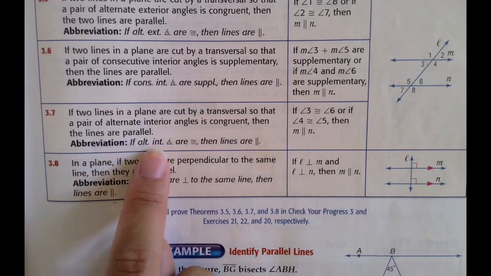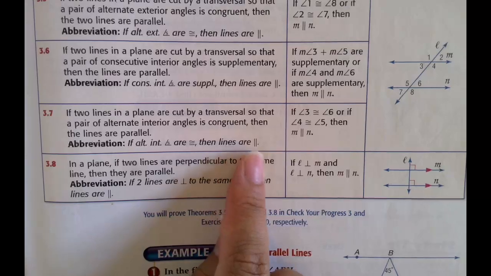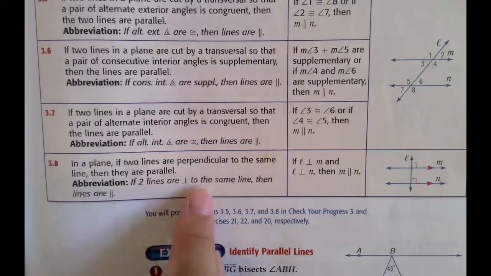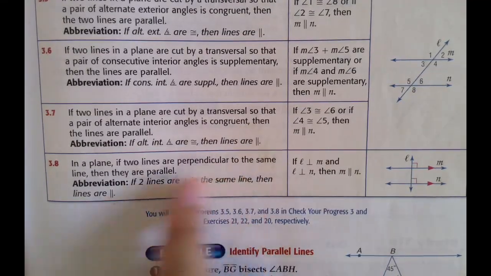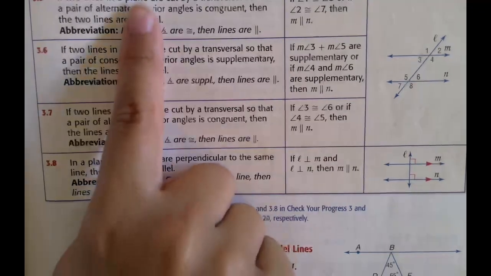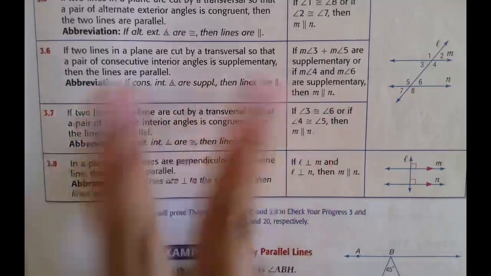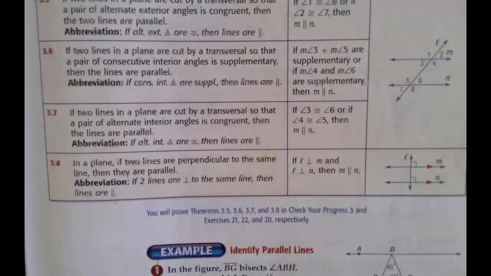So if your alternate interior angles are congruent, then your lines are parallel, okay? And then this one, if two lines are perpendicular to the same line, then the lines are parallel. Okay. So again, these are all converses of ones that we've learned in previous lessons because they flip the hypothesis and the conclusion. Okay, and these are how we can prove that lines are parallel.